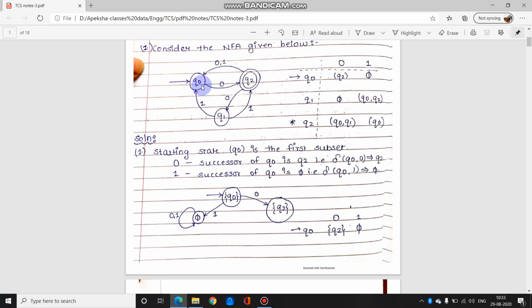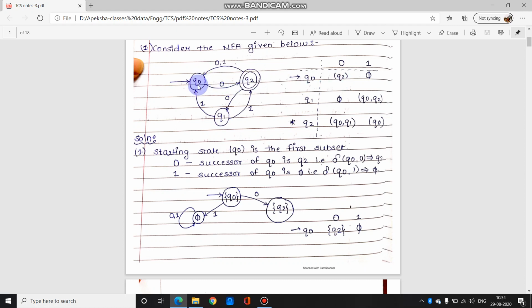For example, see the first state, यहाँ पे arrow mark किया है, मतलब this is the initial state. So two inputs always we consider 0 and 1. So Q0 पे अगर 0 आता है तो it is going on to the final state Q2. So we write Q0 पे if it is 0 then the machine moves to Q2 state.